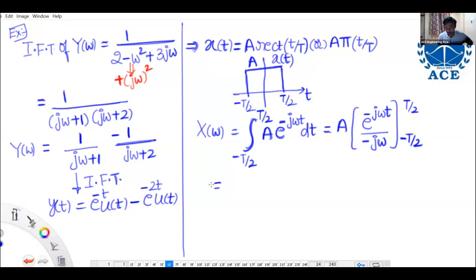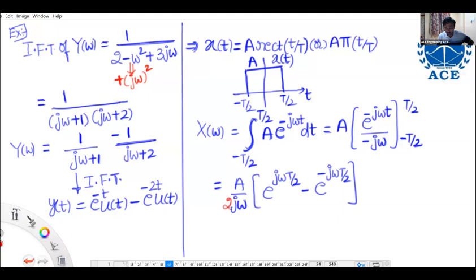See here everyone, no tension. After substitution of the limits, A by j omega times e power j omega T by 2 minus e power minus j omega T by 2. What is the extra adjustment we need to write this as a sine term?